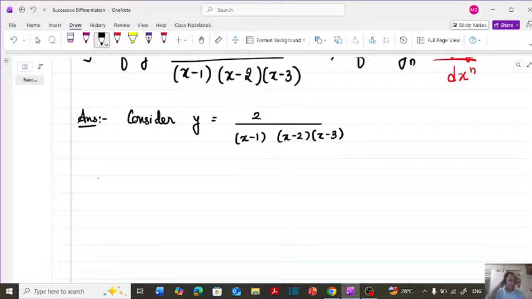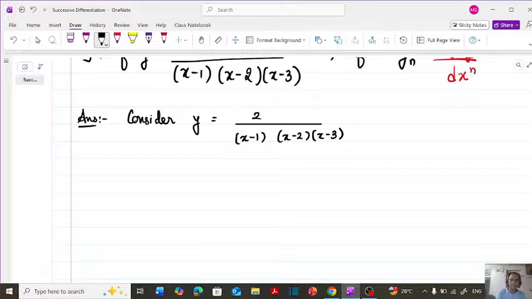Now comes the role of partial fractions. We don't know here how to go about it, so we use partial fractions. Everything will come, partial derivatives too, surely I will do that one. Don't worry, your wish will be fulfilled, but first do what we are doing now.